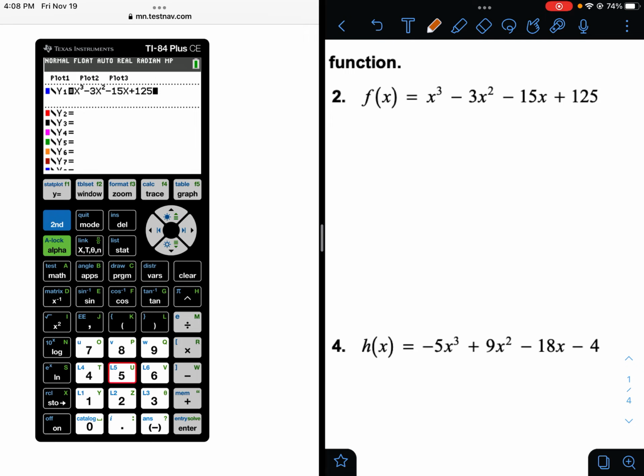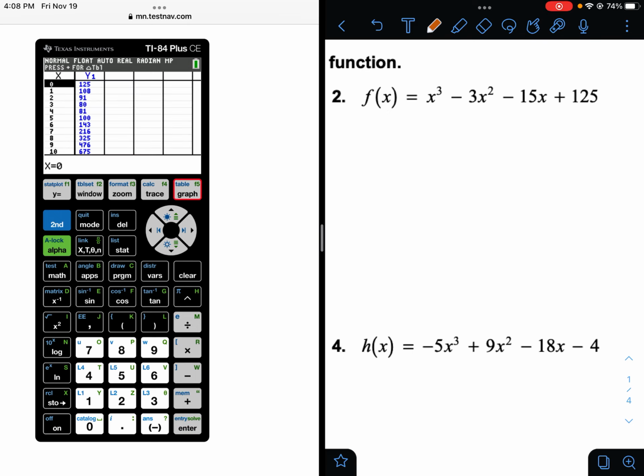So there's the formula in the graphing calculator, and I go to my table of values to look for my answer. In some cases, you're going to have to move up and down just to find it, but there we go. We can find it there, where y is 0, x is -5. So I do get a solution of -5 that I can use in synthetic division.